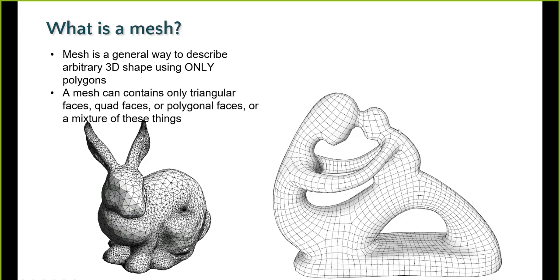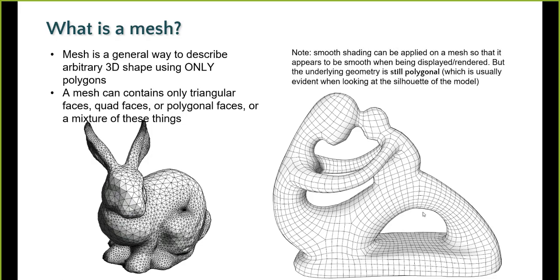If you look at the edge, it's still straight segments that are making that up. What the computer does is it uses a shading algorithm that can be applied to the mesh so that it appears to be smooth when it's displayed or rendered. That's what takes essentially a low poly model and makes it smooth.